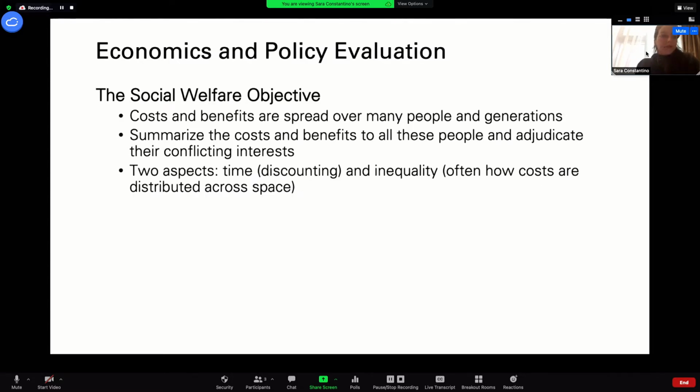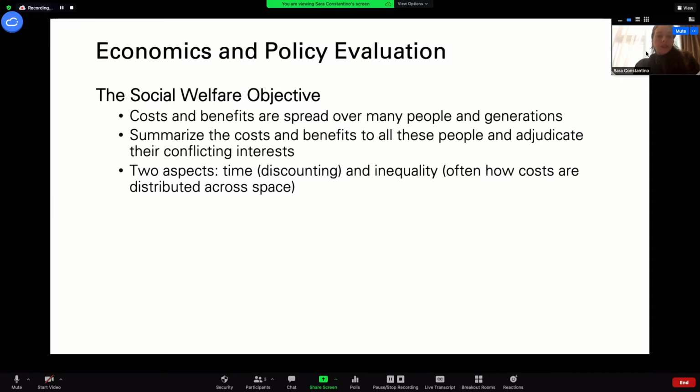Today we're going to talk about the social welfare objective. So costs and benefits associated with environmental policies are spread over many people and generations. This raises a distributional dimension, which requires a way to trade off conflicting interests of different people. So who should bear the costs and who should receive benefits?